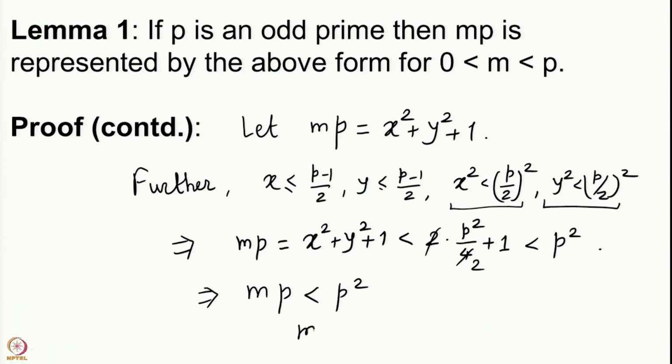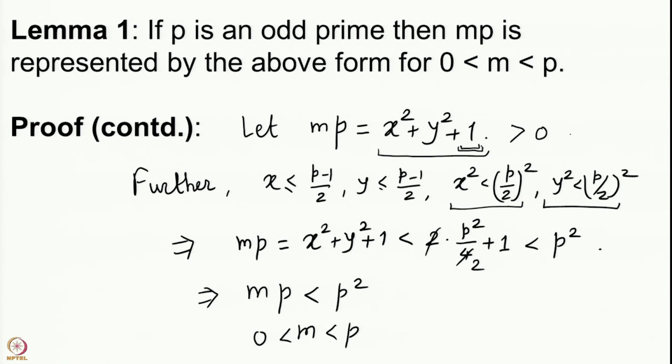So, we get here m less than p, but we will also get that m is bigger than 0 because this quantity here is certainly bigger than 0. You have 1 here, which tells you that mp is bigger than 0 and so m cannot be 0. So, we have proved this lemma.